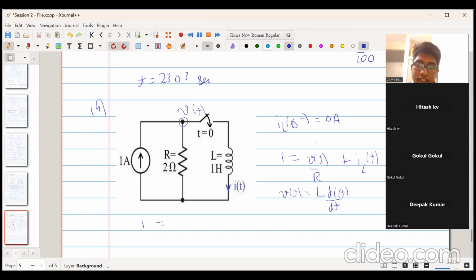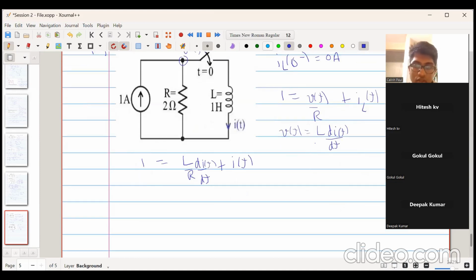So I will get 1 by L upon R di by dt plus I. So what will I get? I will get di by dt plus R upon L I of t equal to R upon L. So I will get di by dt plus 2 into I is equal to 2.